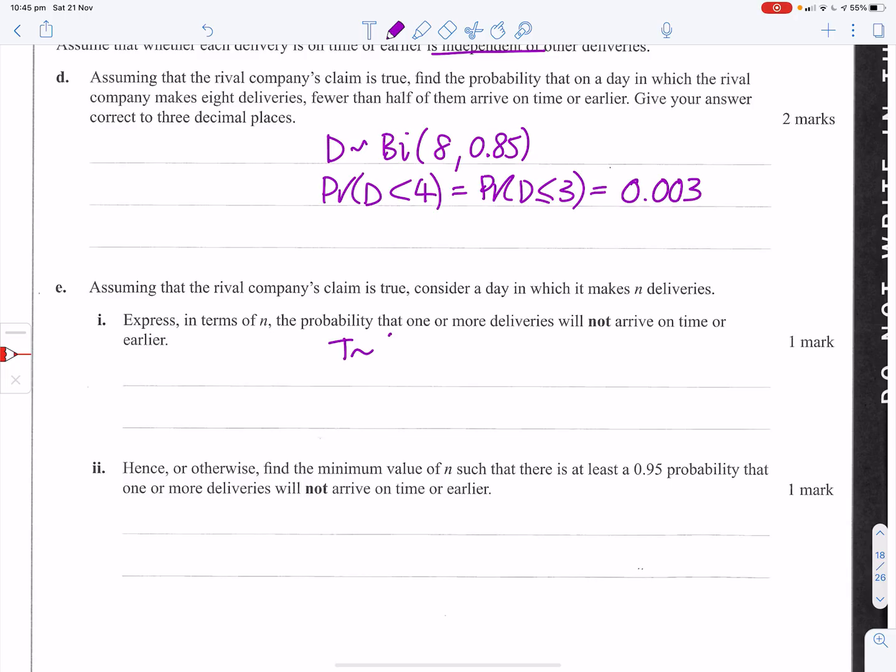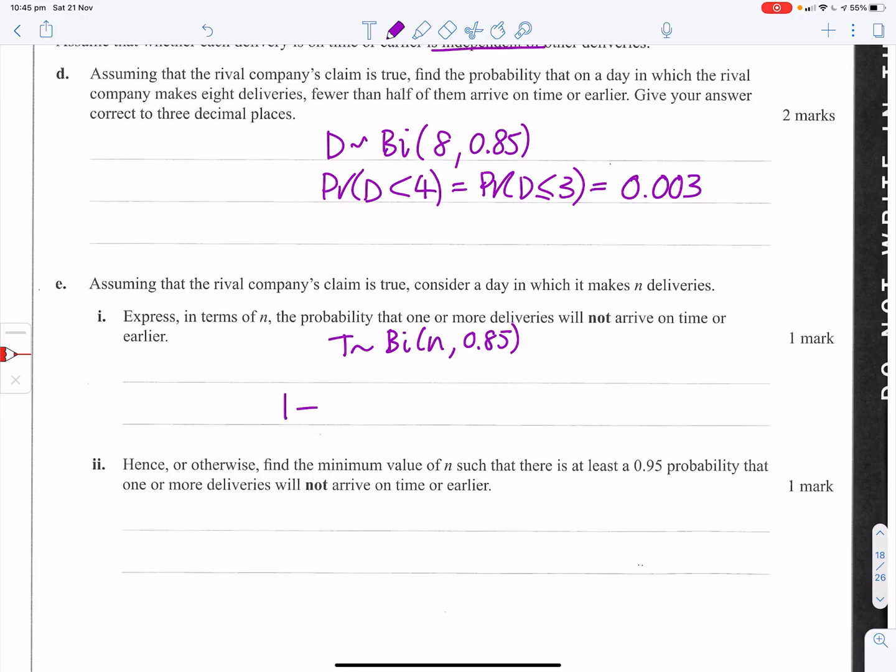T is binomial with n and 0.85. We want the probability that one or more of the deliveries will not arrive on time, so 1 minus the probability that they all arrive on time. That's it.